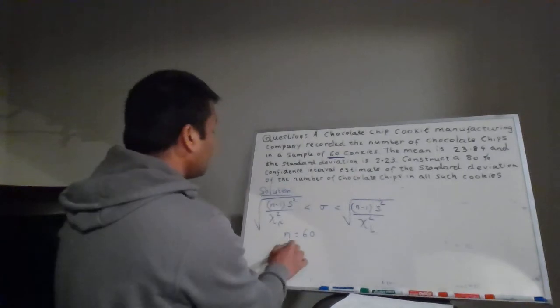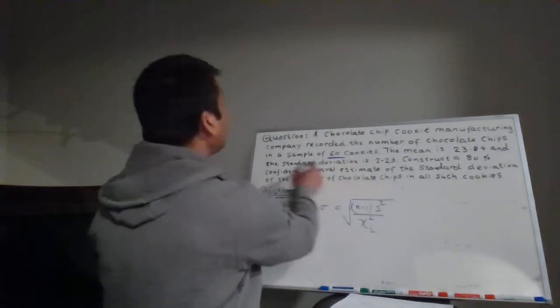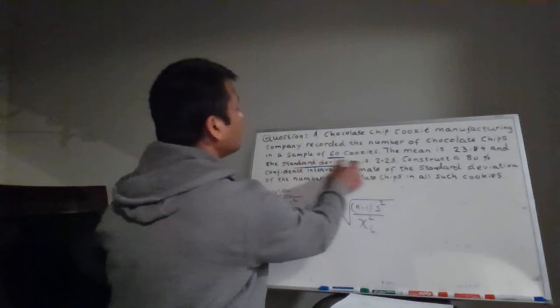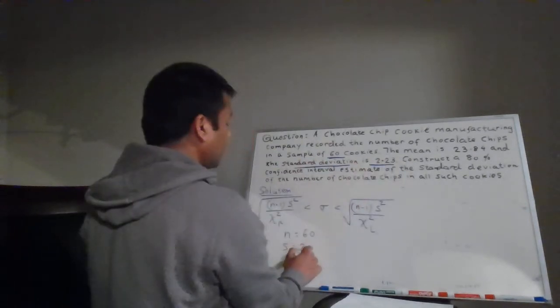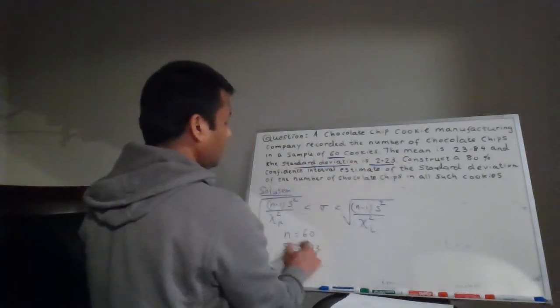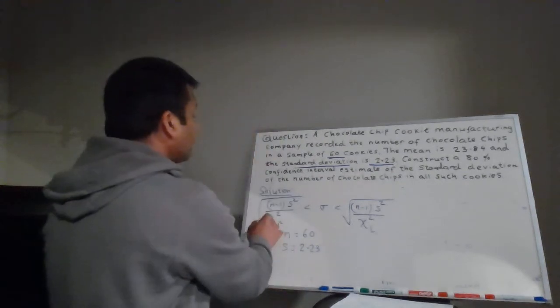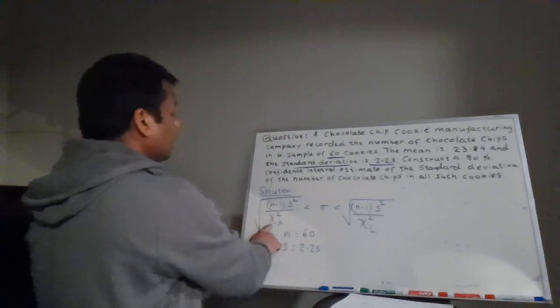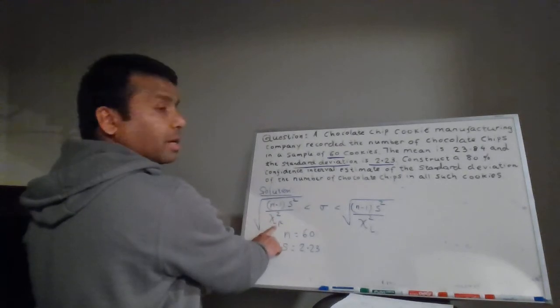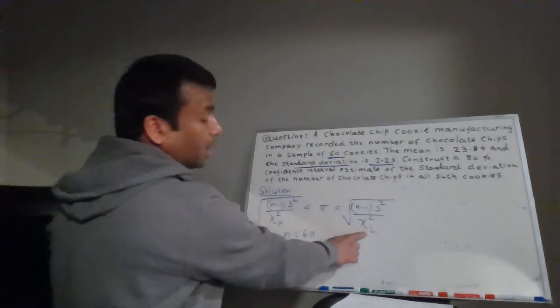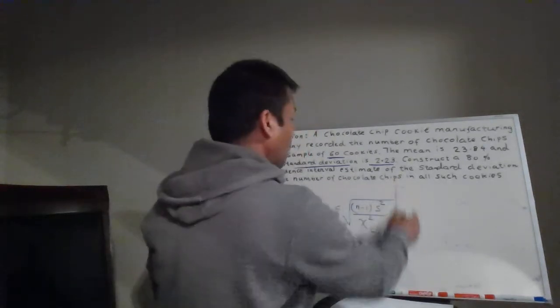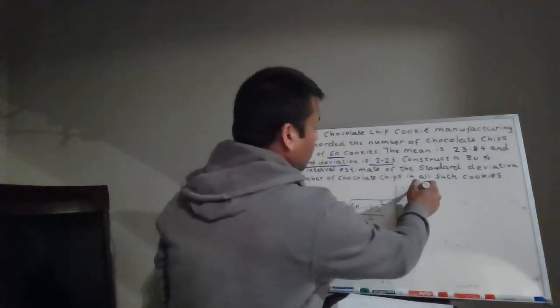We also know the value of the sample standard deviation, which is 2.23. Then we have to find the right critical value and the left critical value. Okay, so how to find that? You guys know that.